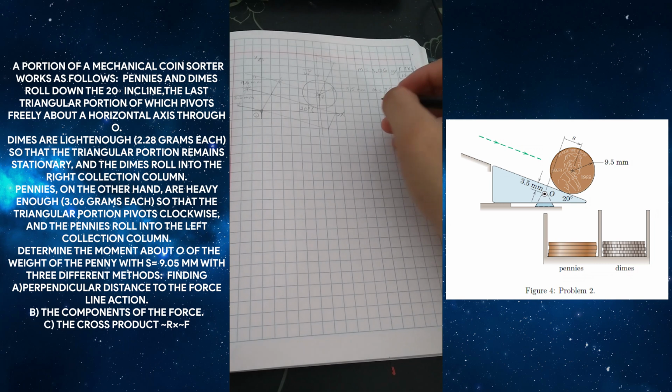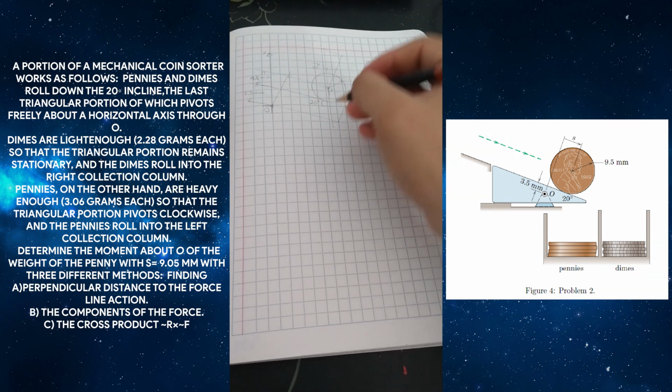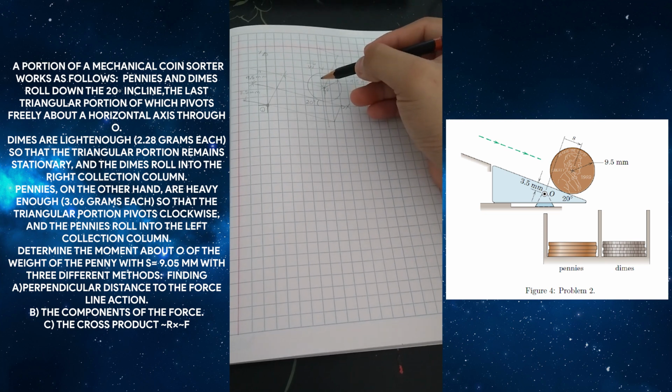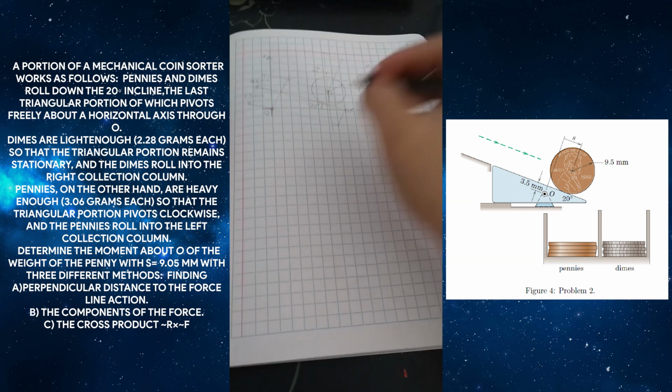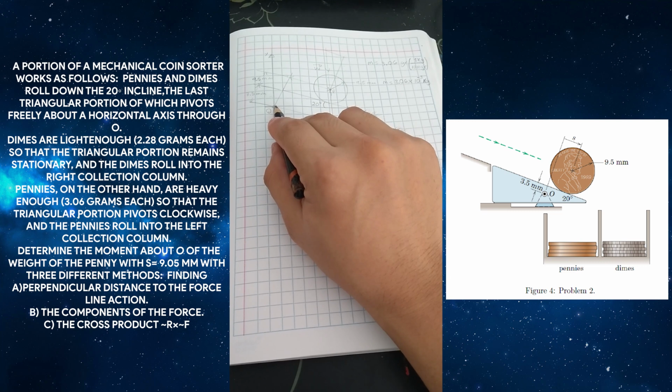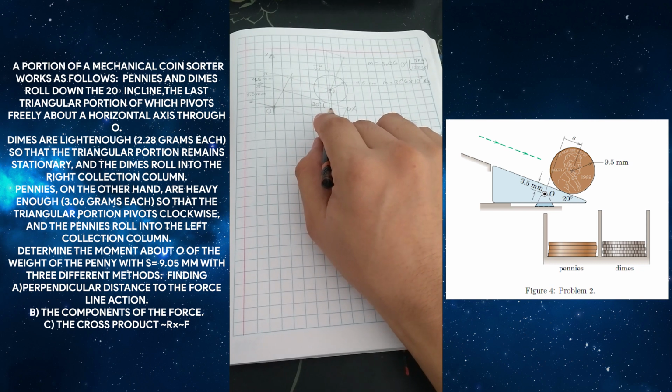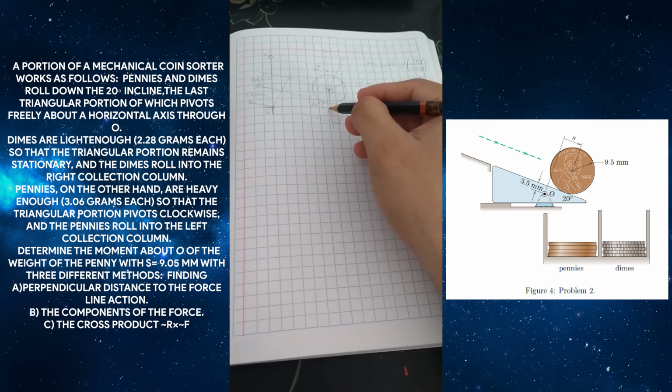Now, as we can see, here is the line of action of the weight. So now we need to find the perpendicular distance that is this.